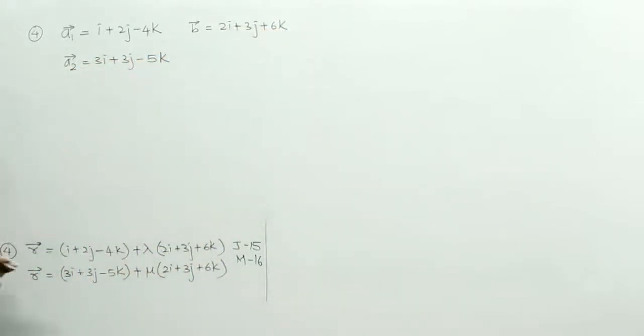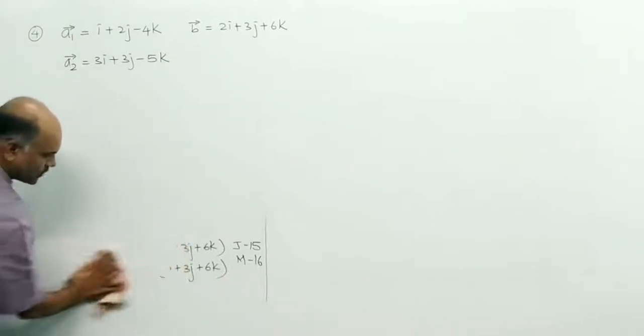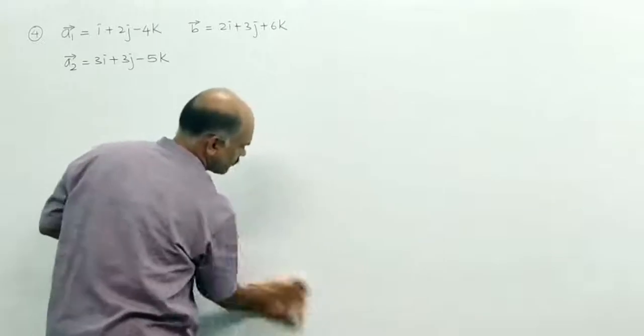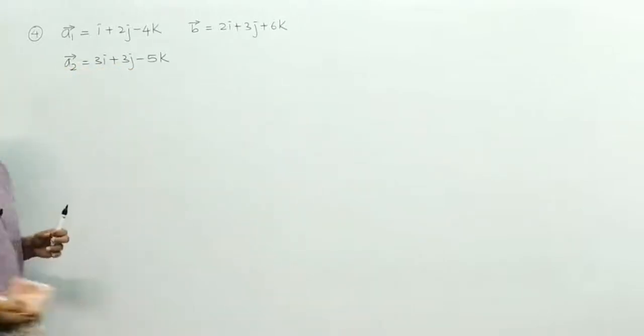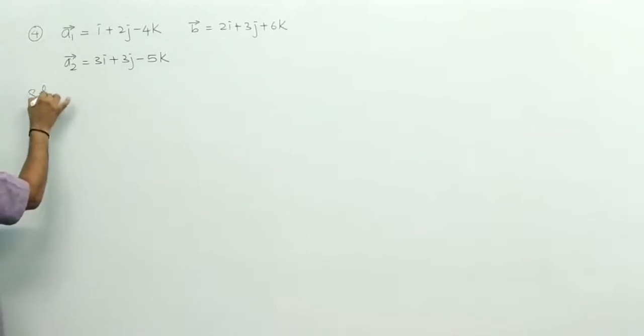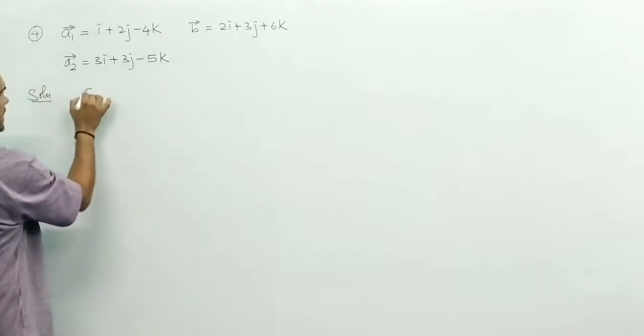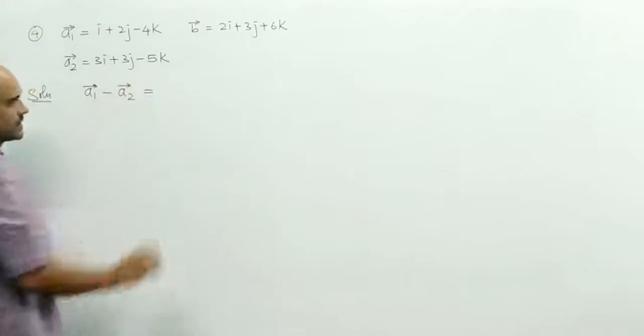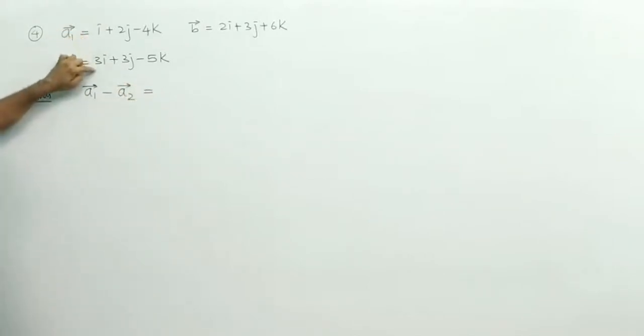Now again students, you can go through the formula and let me know the steps, what all we will be having or what all we are required to solve. So first, you are required to find A1 minus A2. So if I take the solution, A1 minus A2, again subtract this from this.